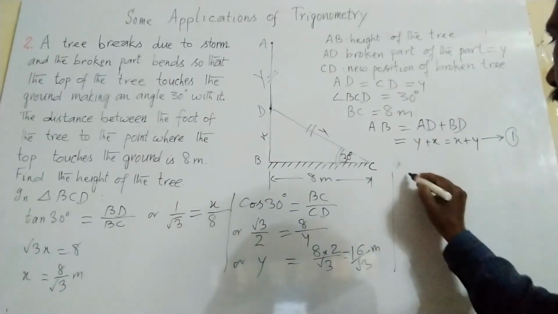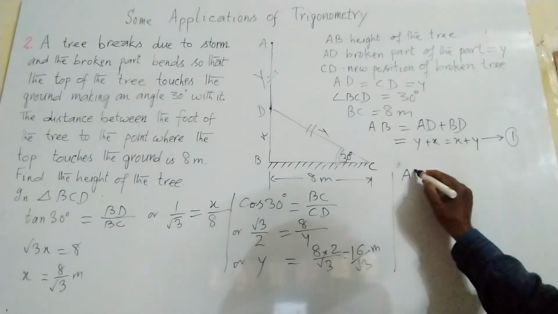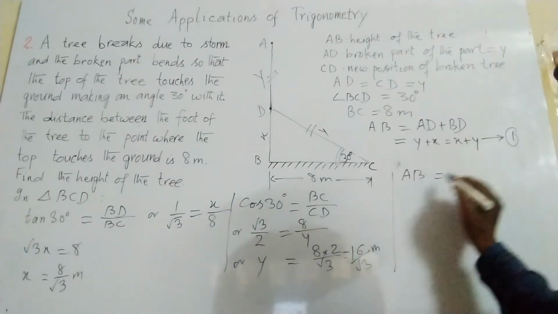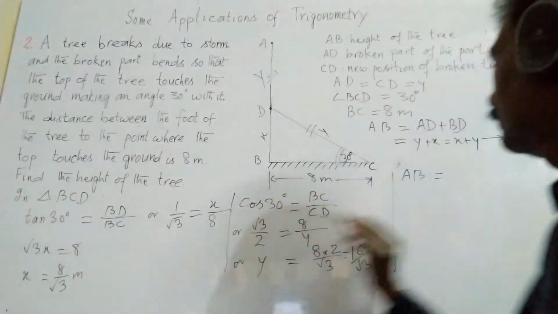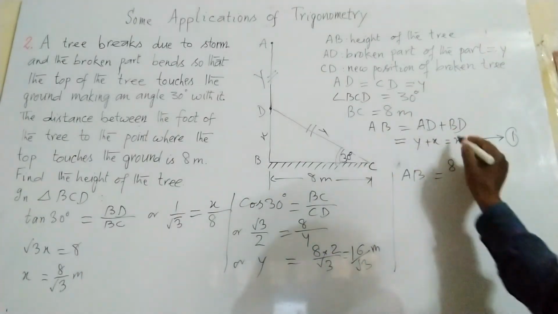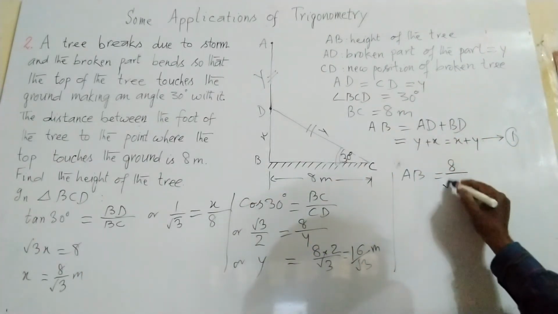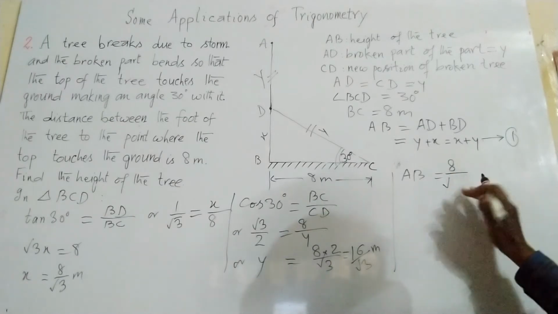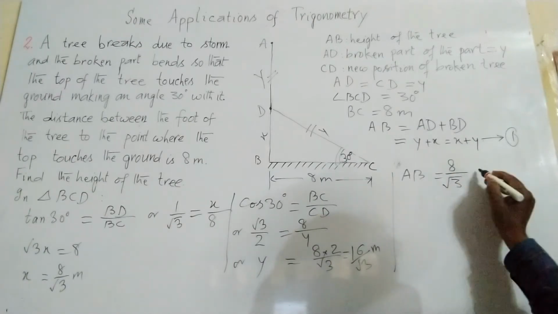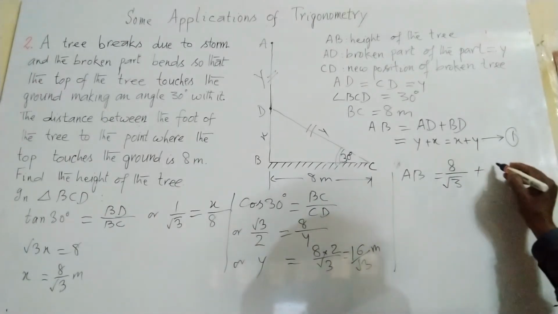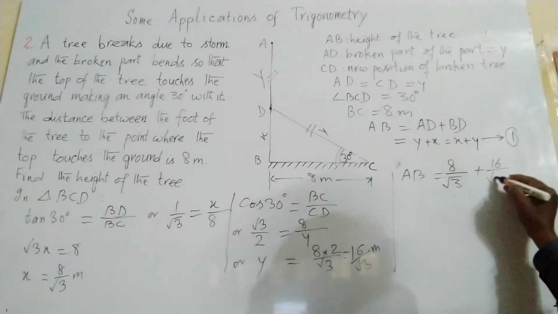We have found the values of x and y. Then AB is x plus y. The value of x is 8 by root 3 meters, and y is equal to 16 by root 3.